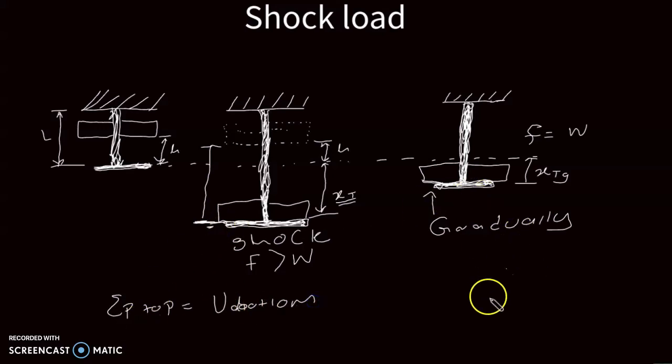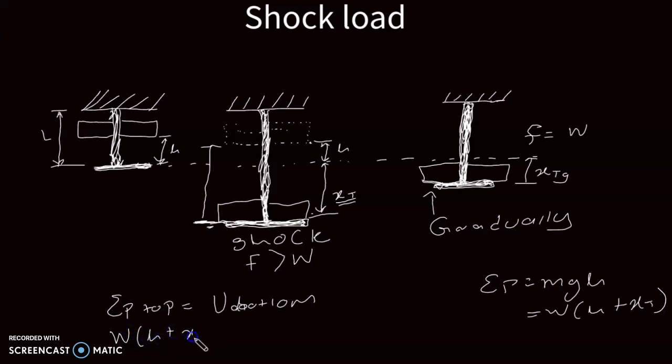We know that potential energy is given by mgh. Mg gives us the weight of the object. The height will be the height from this point to this point, which will be h plus the change in length. So our potential energy will be W times the bracket h plus the total change in length, which will be equal to the strain energy at the bottom.